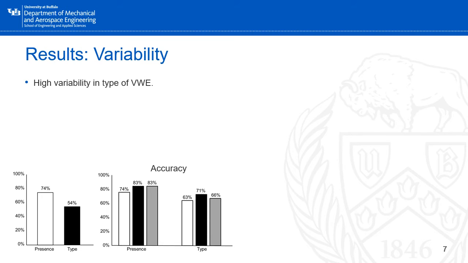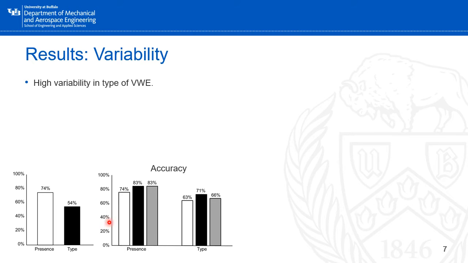Moving on to the results, I want to talk a little bit about the variability amongst the clinicians first. We observed that overall in these 35 cases, the clinicians tend to agree on the presence of vessel wall enhancement in only 75% of the cases approximately, and they agree on only 54% of the cases on the type of enhancement, whether it's circumferential or focal.